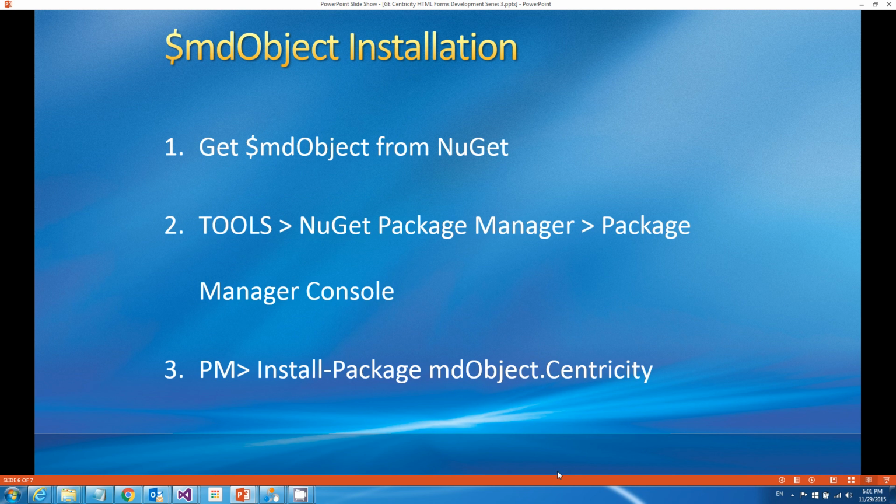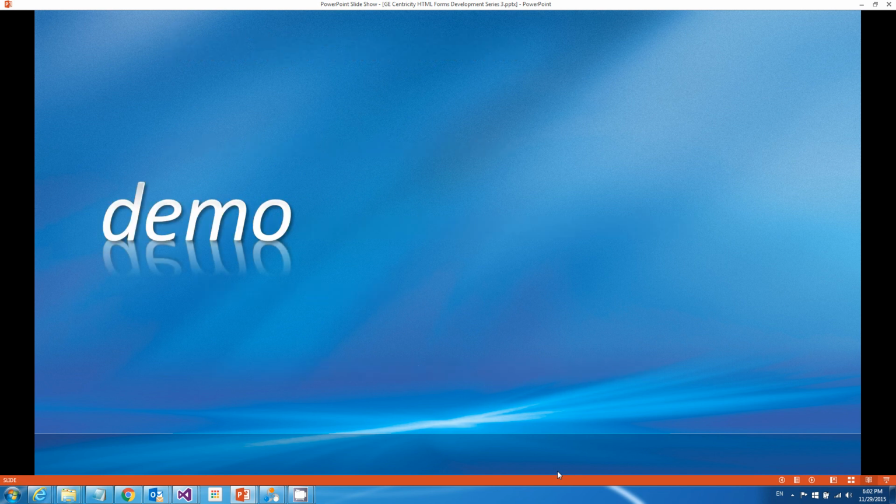To install $mdObject, you can go to NuGet. From Visual Studio, you can install from NuGet Package Manager, and installation is very simple. It's install-package mdObject.centricity, and you will install the latest version. And now the demo.